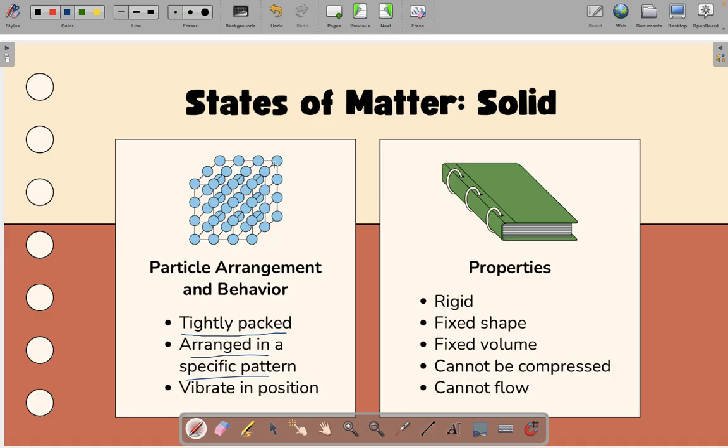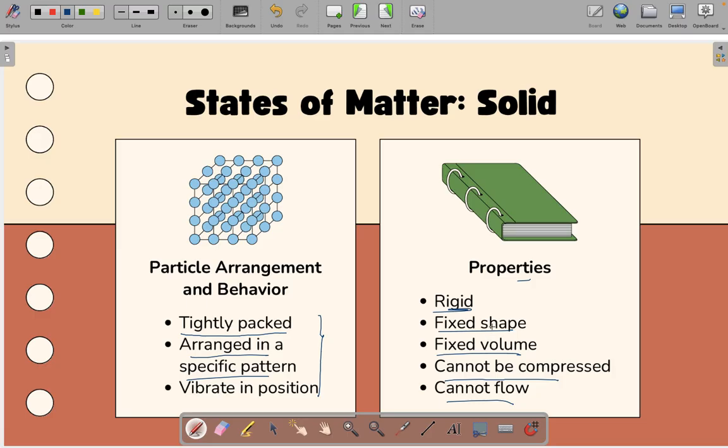Since they are tightly packed, they are not allowed to move, so they can only vibrate, they cannot move from one place to another, right? Because of this arrangement of particles, they have the following properties. Solids are rigid, they have a fixed shape, they have a fixed volume, you cannot compress a solid, and solids cannot flow like liquids, right?